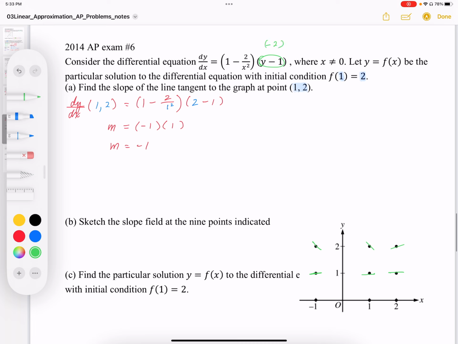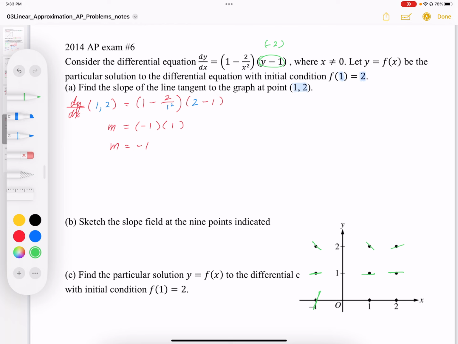So whatever I get in the left bracket, I'm going to multiply by negative 2. At x equals negative 1, I end up with negative 1 slope times negative 2, which is going to give me a positive 2 slope through there. At x equals 1, we get 1 minus 2 over x squared, which gives me negative 1 again.